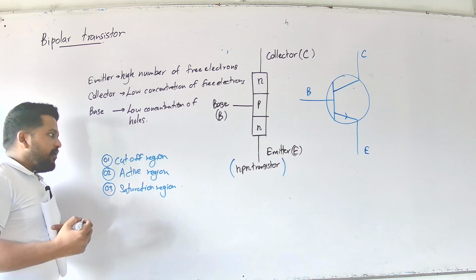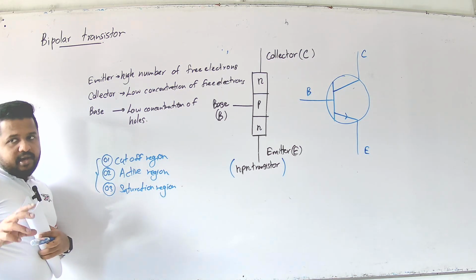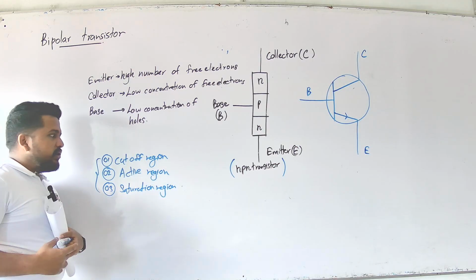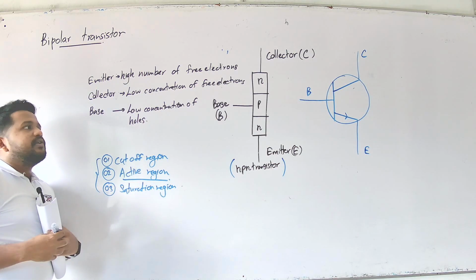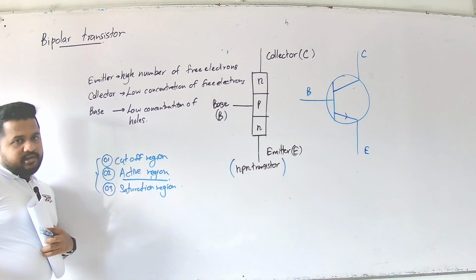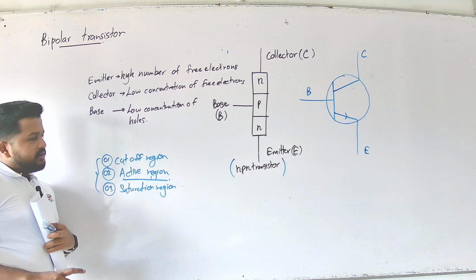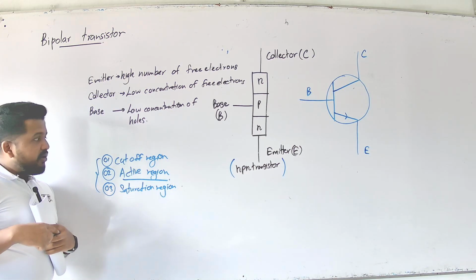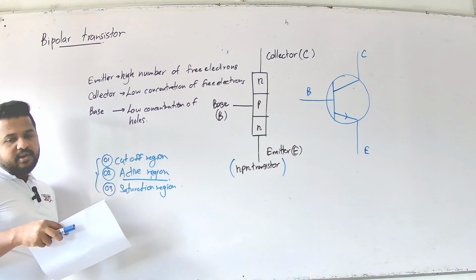So these are the three regions. We have to identify how to get the active region. Only in the active region will the transistor start. Okay, right. Write down number one, cutoff region, active region, and saturation region.